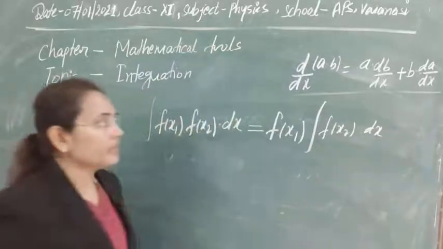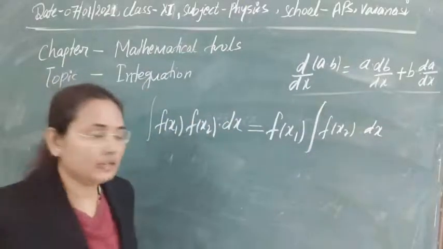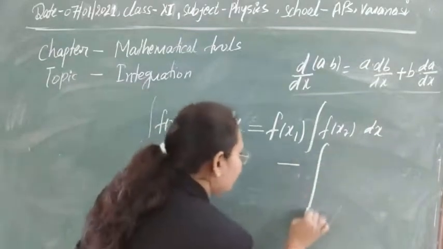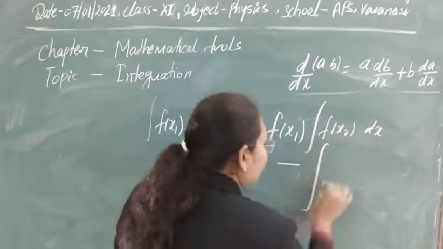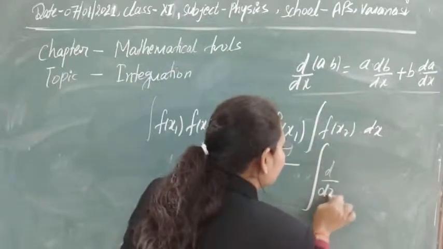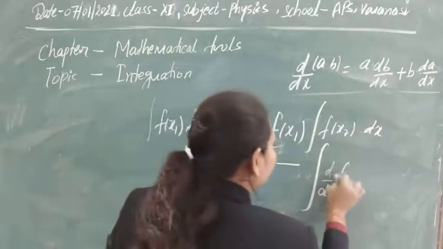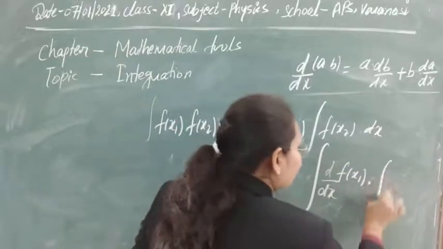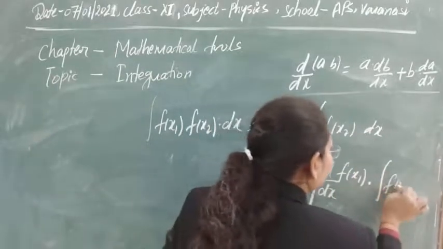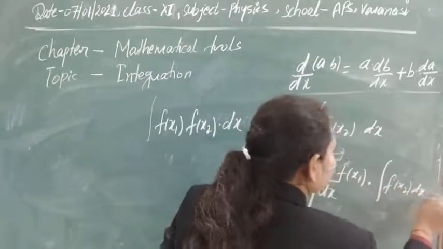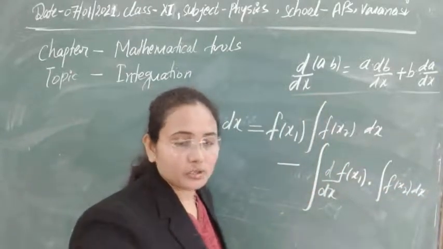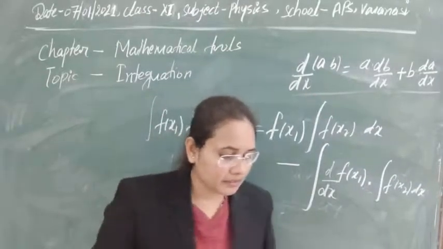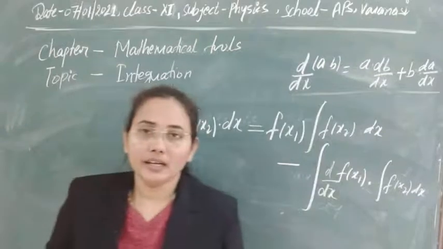In this way we have to integrate only one factor. After that there will be a minus sign, and the integration of the differentiation of the first factor, in the product with the integration of the second factor again. So this is the way you can use the by parts method to solve such integrations.